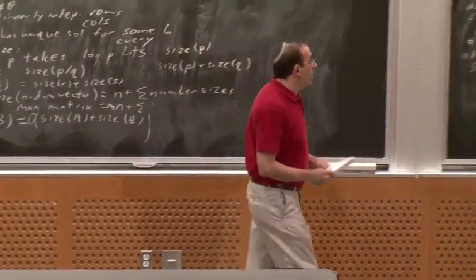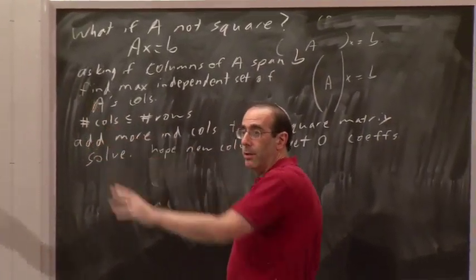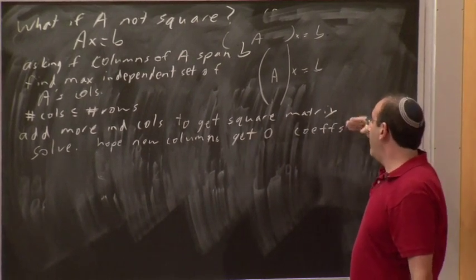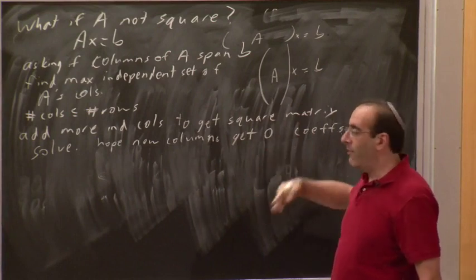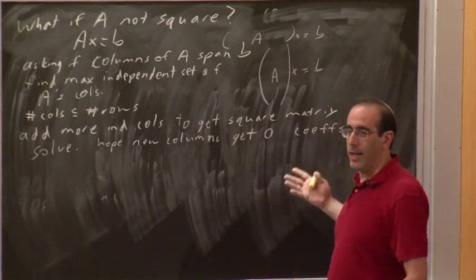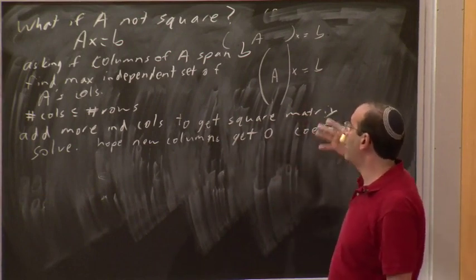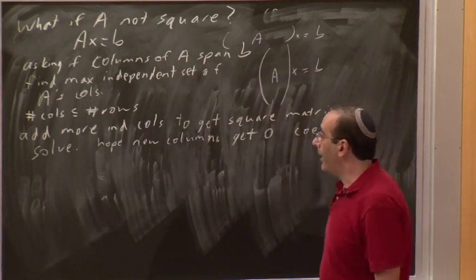Right? So once I've made the matrix square, I can use this argument that there's a unique solution. And so I'll find that unique solution. And if it works with the original columns, then I know there is an answer. If it doesn't work with the original columns, then I know that there isn't an answer. Right? So this gives me a computational process for solving AX equals B.